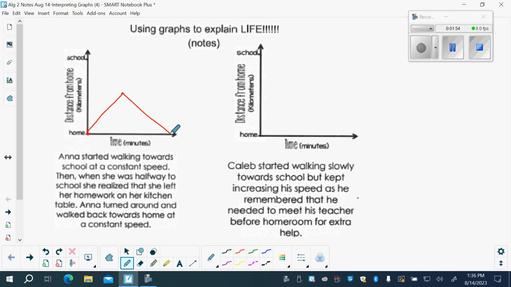Okay, on the second one, it says Caleb started walking slowly towards school, but kept increasing his speed as he remembered that he needed to meet his teacher before homeroom for extra help. So how could we show that he's increasing his speed?